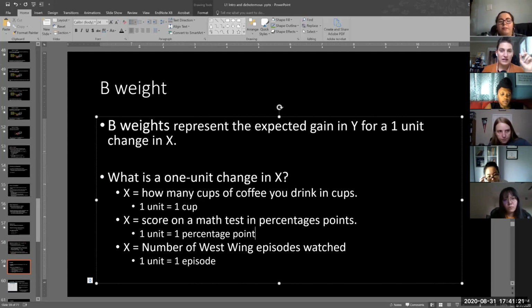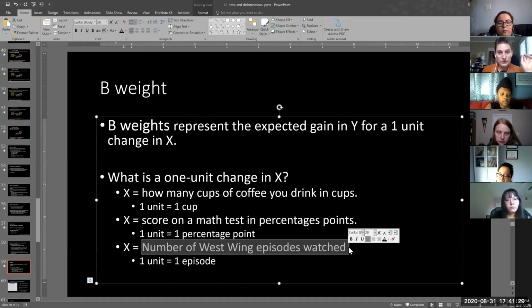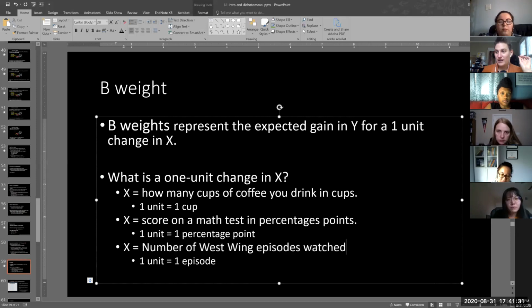It's the difference between a 97 and a 98, or a 2 and a 3. If my x is the number of West Wing episodes watched, then 1 unit is 1 episode. If I've watched 3 episodes versus 4 episodes, that's 1 unit difference.